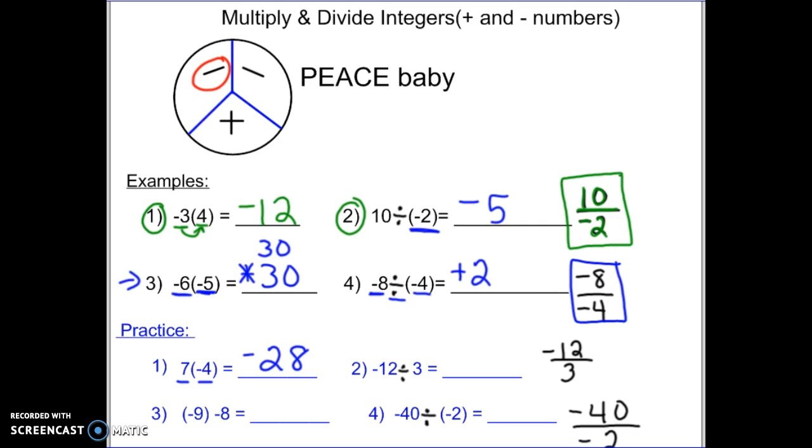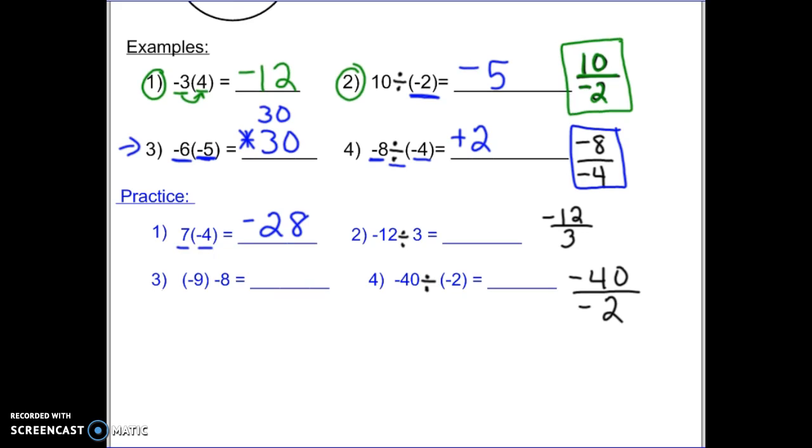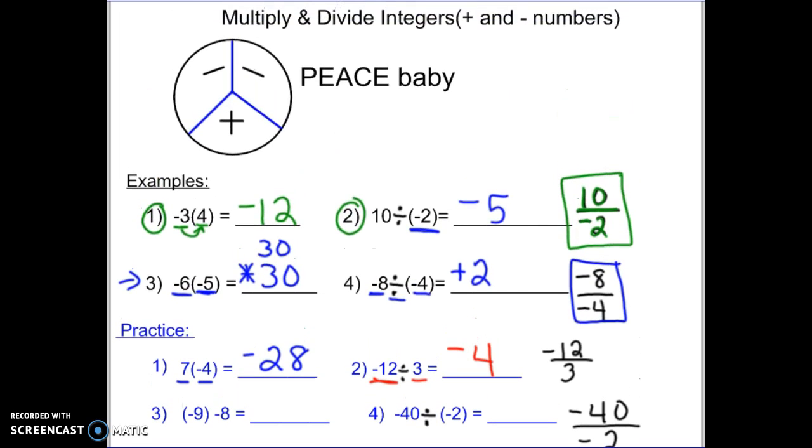So you should have gotten negative 28. Okay, let's check your answer to practice problem number 2. In number 2, you're taking a negative and dividing it by a positive, so your answer will be negative, and 12 divided by 3 is 4. If you missed it, go back and look at your Peace Baby. You should have covered up the positive and a negative, which leaves you with a negative.